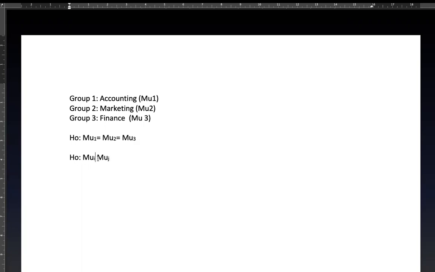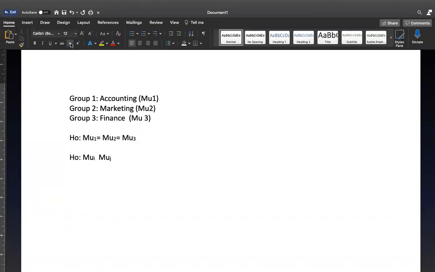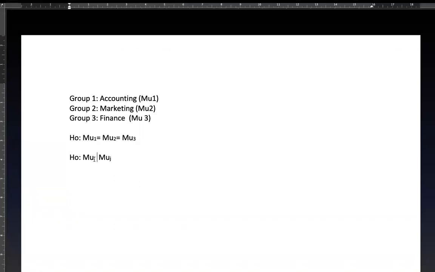So I'll say that mu i is not equal to mu j, where i and j are just indices. It could be 1, 2, 3, 4, 5. So what we are saying is that at least mu i is not equal to mu j for i not equal to j.